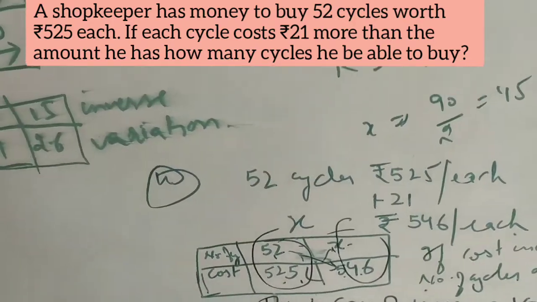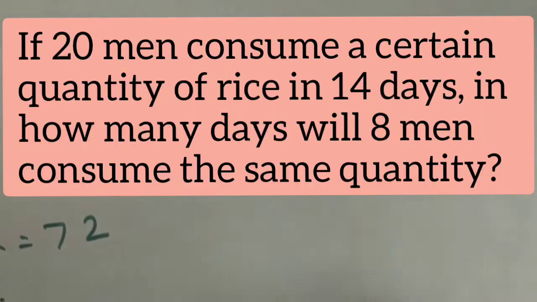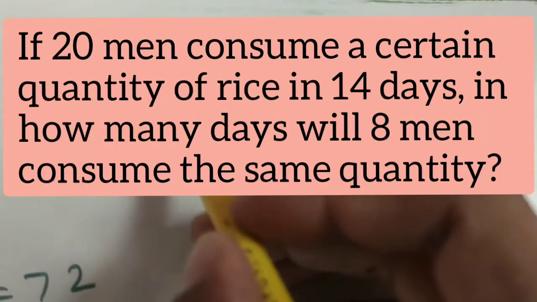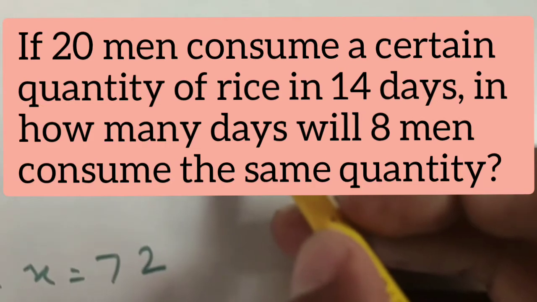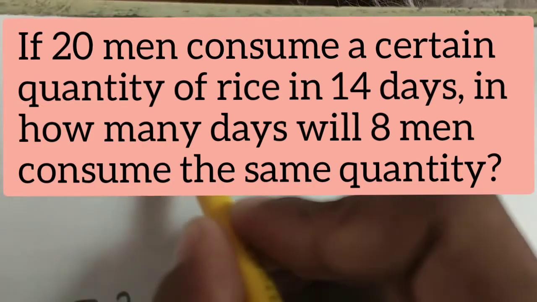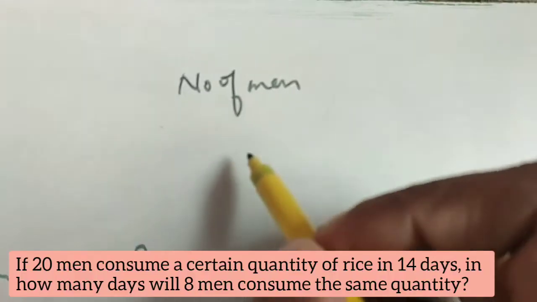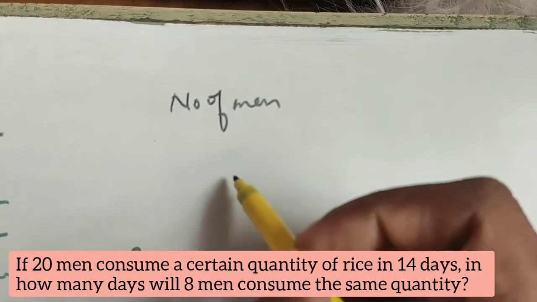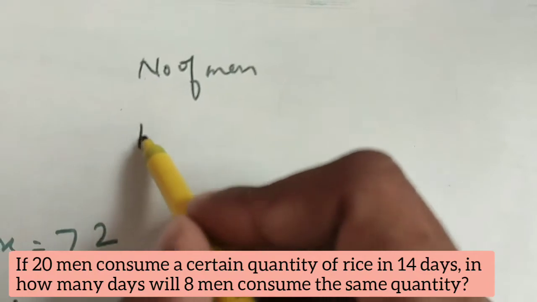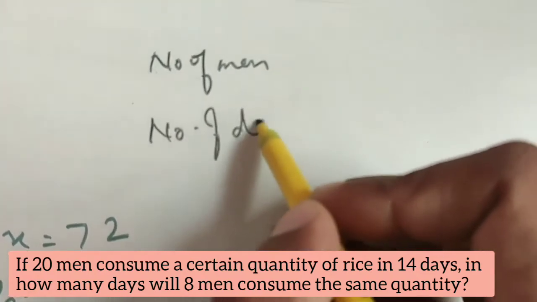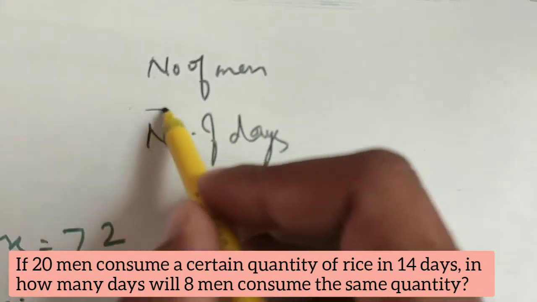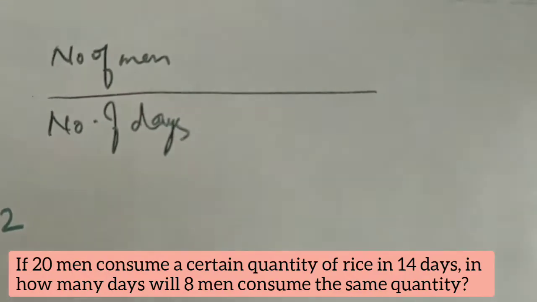Okay. So now next example. In the next question he says 20 men consume a certain quantity in 14 days. There is number of men and there is number of days. So they have a fixed stock.